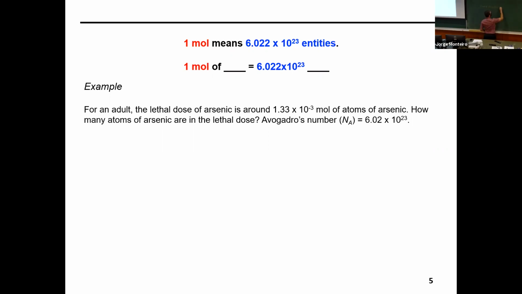And this is equivalent to, replacing mole by Avogadro's number, 6.02 times 10 to the 23rd, and then use the same thing you used in the first gap: atoms of arsenic.